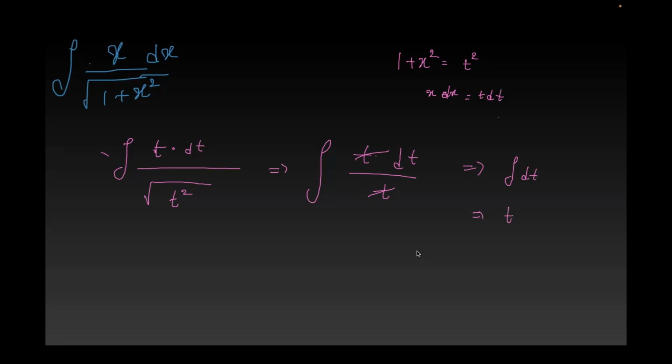And what is t? t is nothing but root of 1 plus x square. So the answer is root of 1 plus x square plus c. That's it. Is this clear?